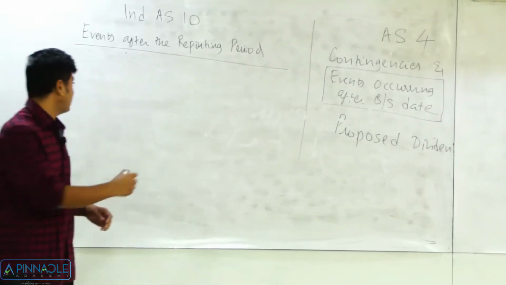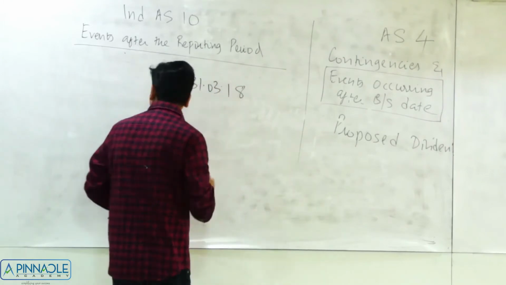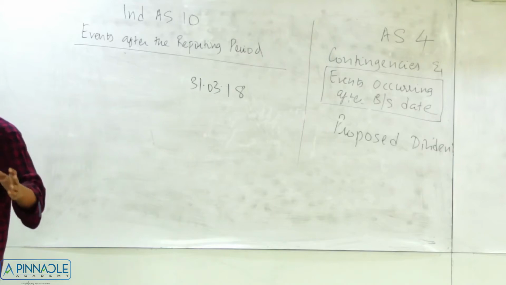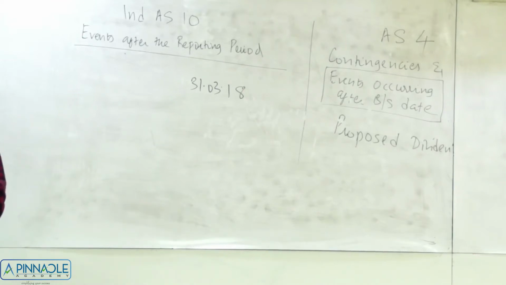For example, my balance sheet is to be prepared on 31st March 18. After that, the finalization work will happen, the financial statements will be prepared, then my books will be audited, and finally my financial statements will be ready. And these financial statements will be ultimately signed, approved by the directors.